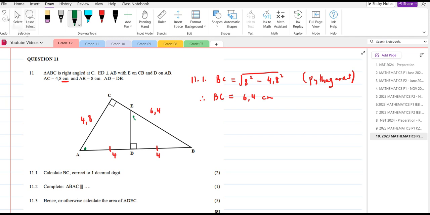We have a 90 degree angle here, and angle B is common. So BAC, this entire triangle, will be similar to BED.